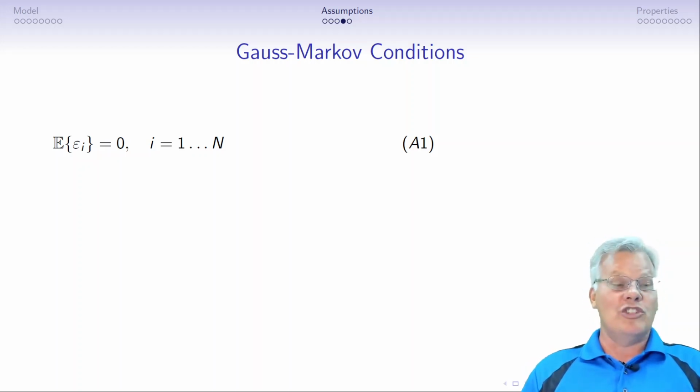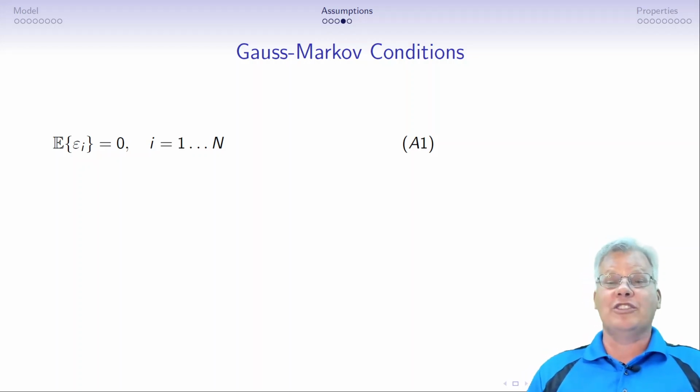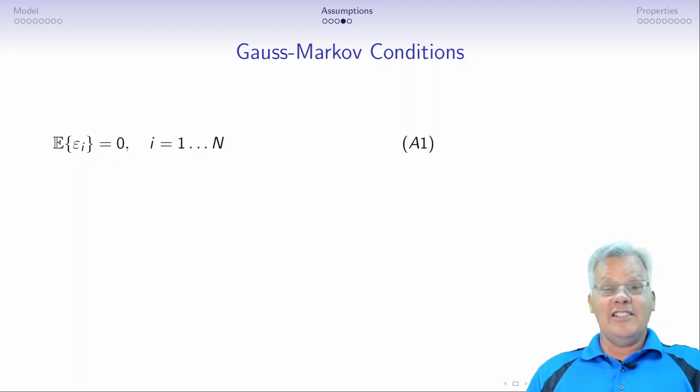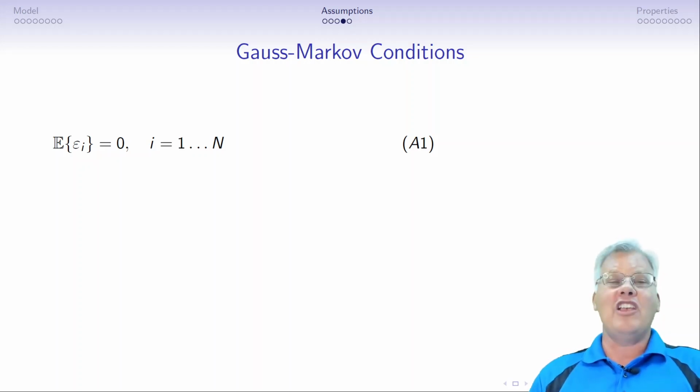And some of the major results we have about the properties of OLS are due to Gauss. So these are what Verbeek calls the Gauss-Markov conditions. You could think of them as the ideal conditions, the conditions where everything is right in the world.